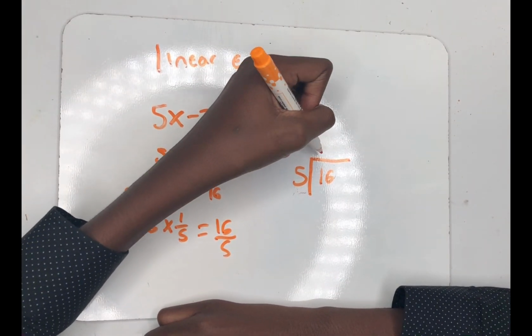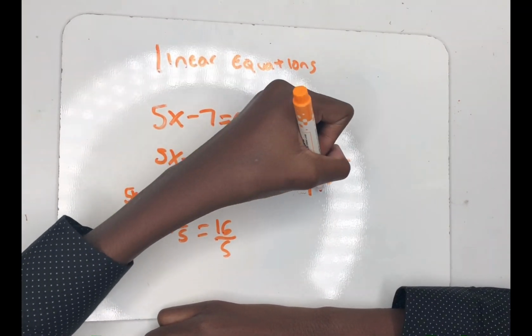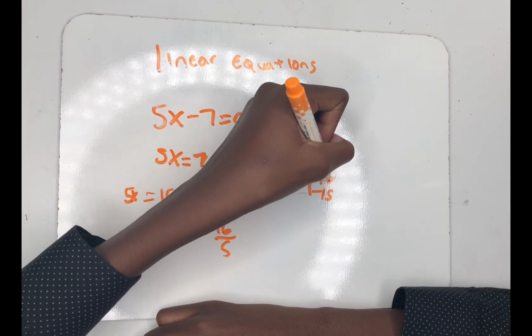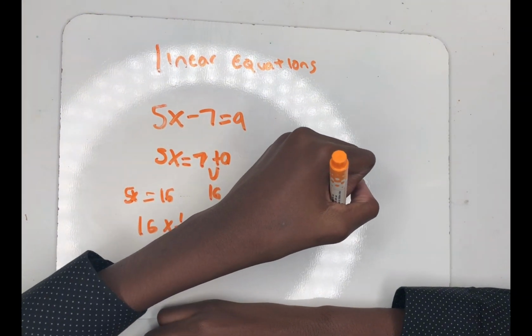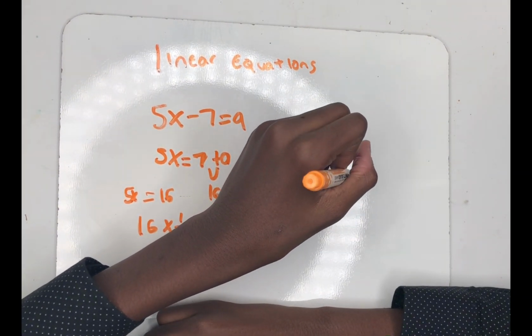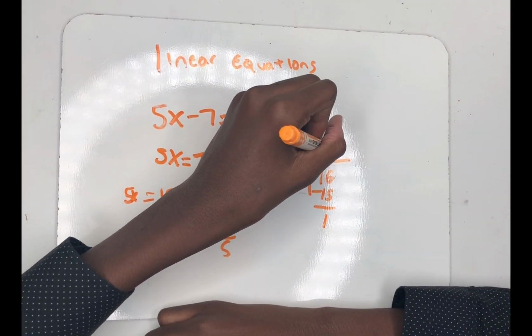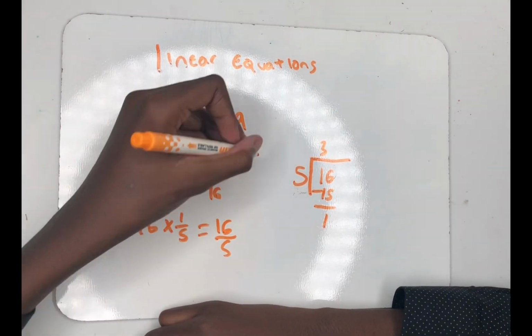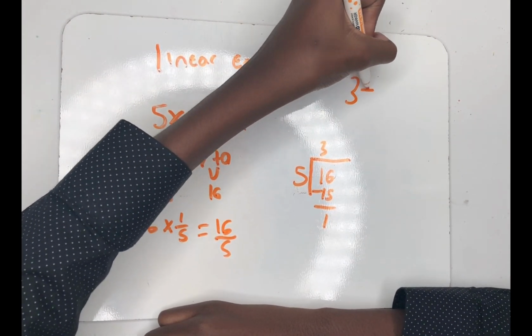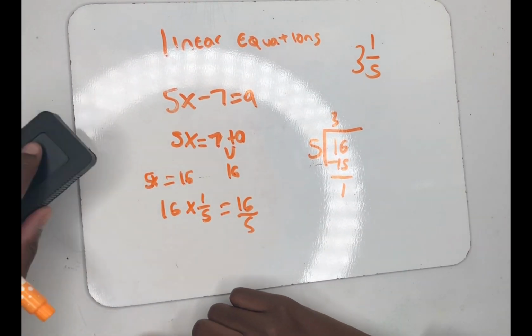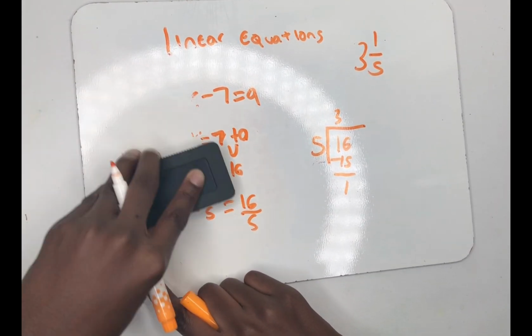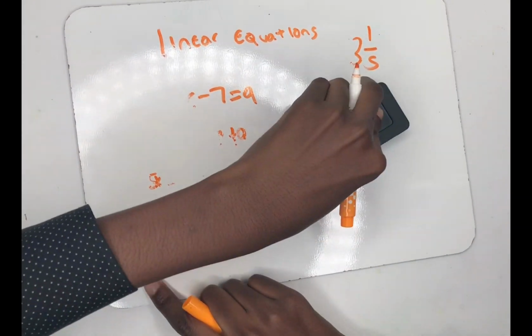How many times can 5 go into 16, which is 3 times, which gives us one more. 16 minus 15 equals 1. So that will give us 3, which will give us a mixed number, 3 and 1 over 5. You can do it like that, or you can do it like this.